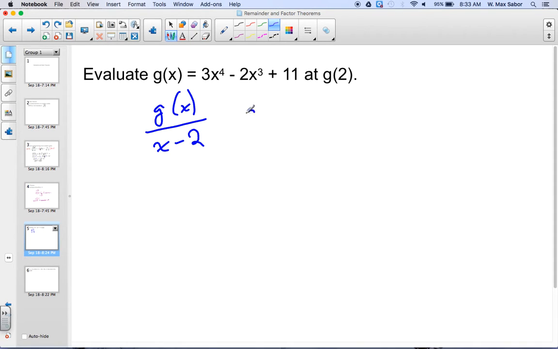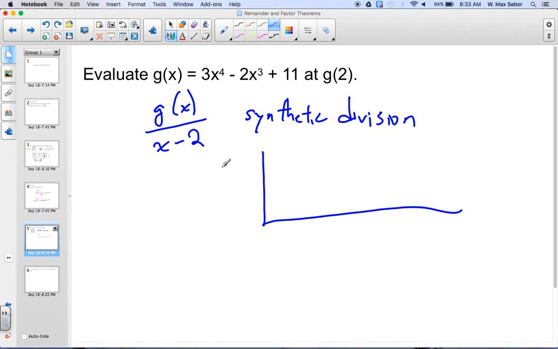And the easiest way to do this, I think, is with synthetic division. So rather than having to substitute 2 in, you can do synthetic division with the polynomial we were given. Note that I put in zeros for the x squared and the x term. So the remainder, when we do the synthetic division, will be our answer.